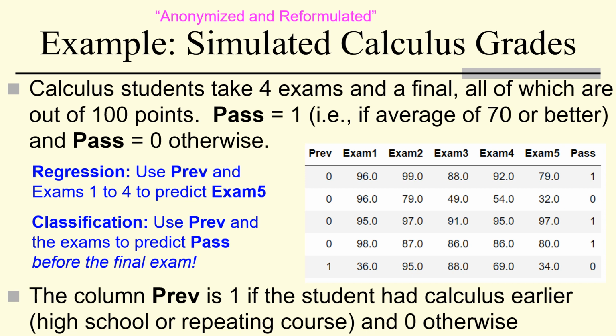Well, in that case, exam 5 we wouldn't know before the final exam because it is the final exam. So we would have these columns, and the first, previous, would be x0 up to x4 for the 4 exams, and our response would be whether or not a student passes or fails.